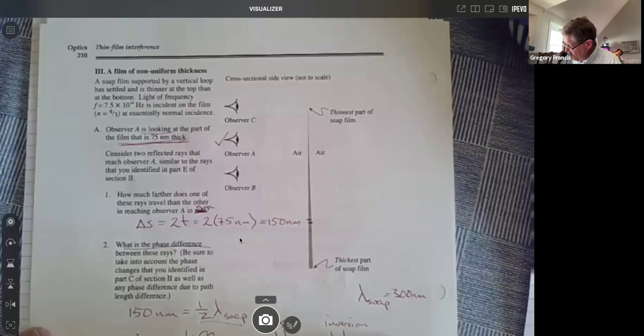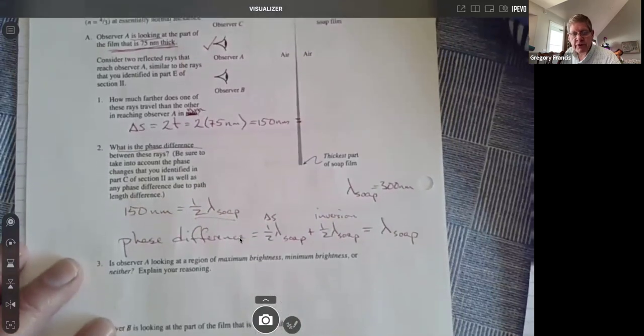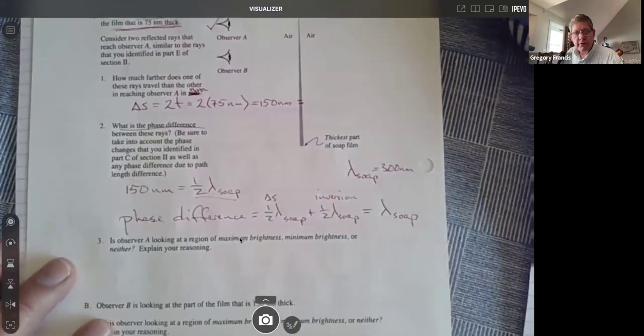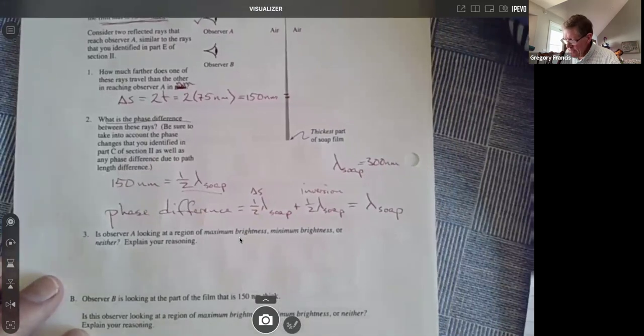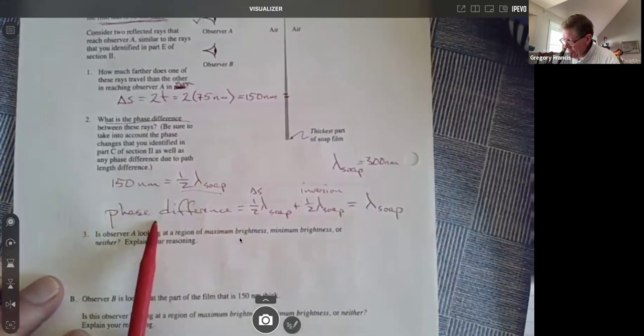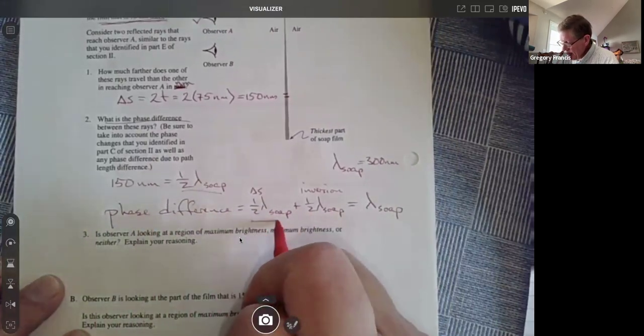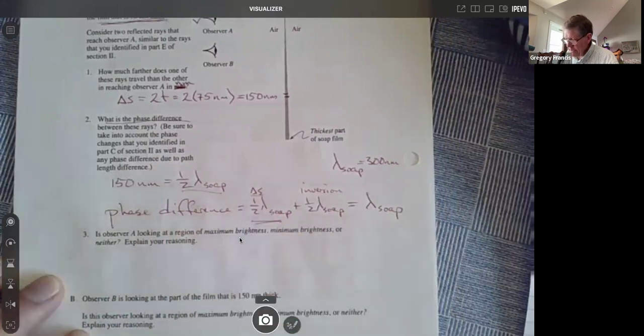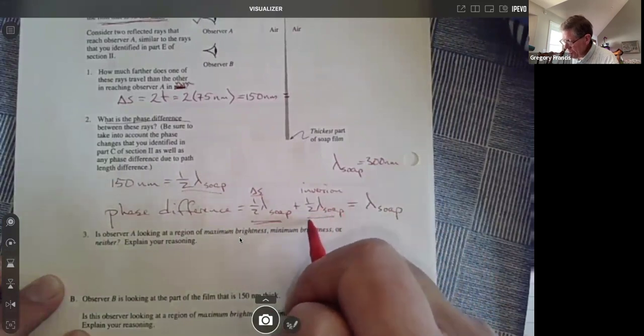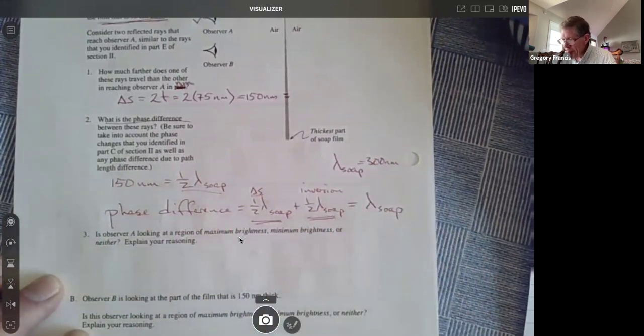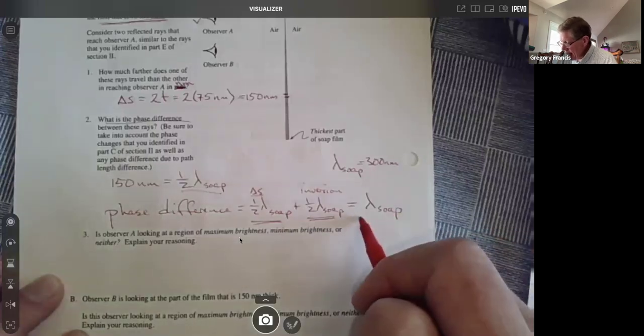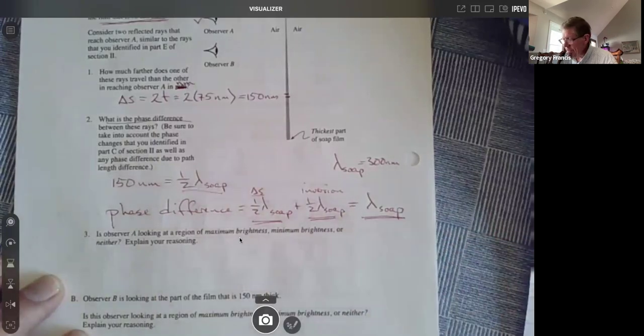And so that's going to equal 1 wavelength of the soap. So my total path difference, I have a half of a wavelength due to this extra path length, and I have a half wavelength due to the flippage that happened on the first surface, but not on the back surface. And so that gives me one whole wavelength.